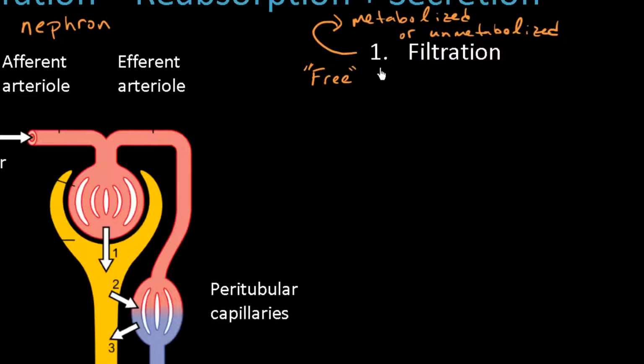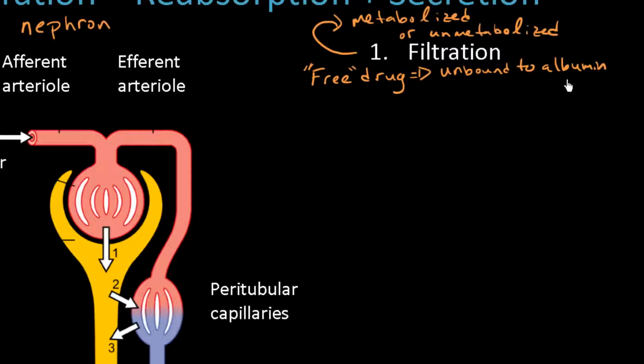And really, only free drug can be filtered. So what do I mean when I say free? Well, remember that some drugs can bind to plasma proteins, specifically to albumin. So drugs that are unbound to albumin can be filtered at the level of the glomerulus.